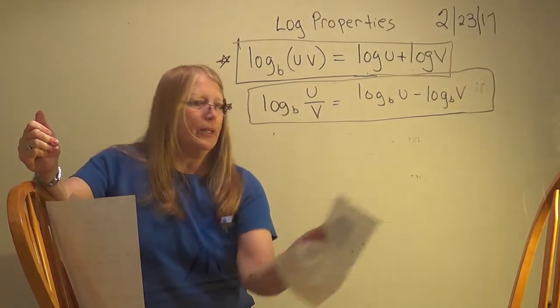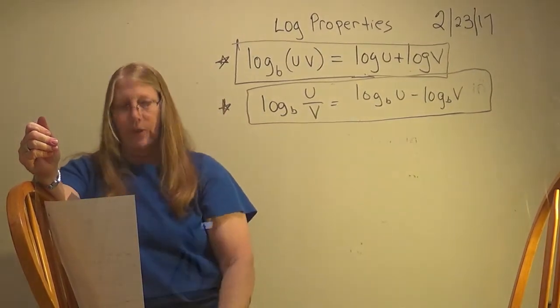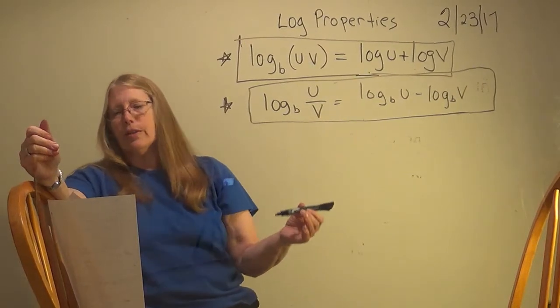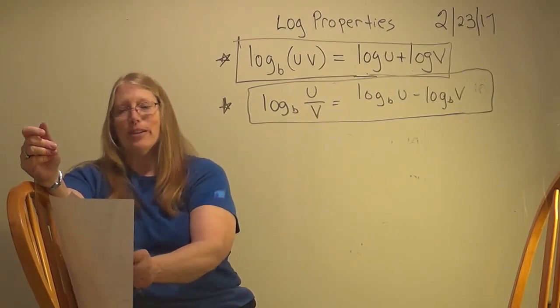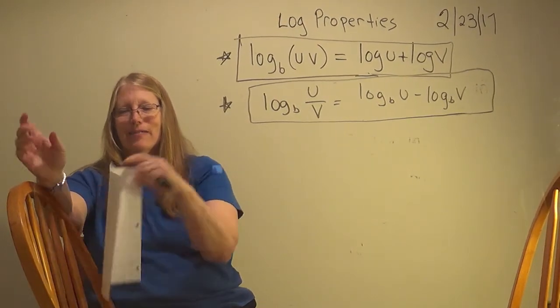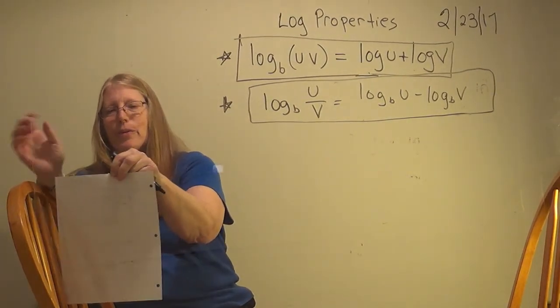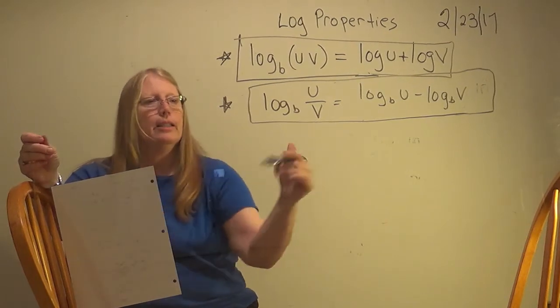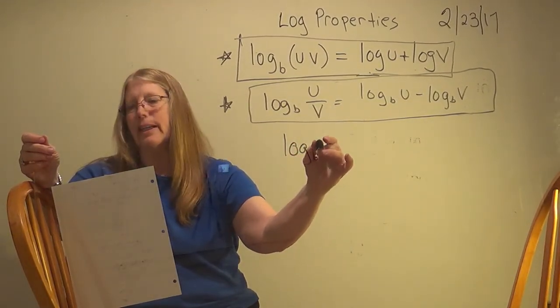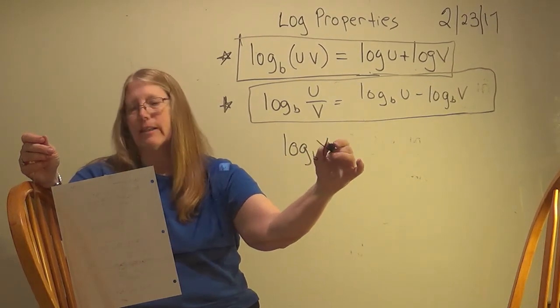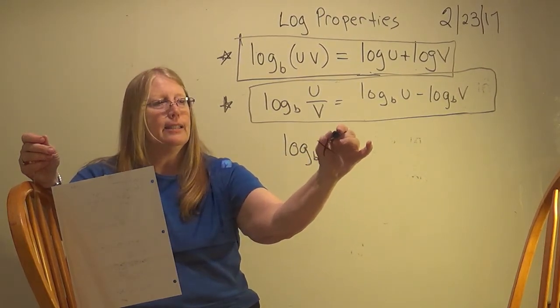The last principle I'm going to give to you and just show you that it works in one circumstance, and you're going to believe me that it works in all circumstances. Alright, so the third rule works like this. Log to the base b of some quantity, we'll call it x, raised to the n.